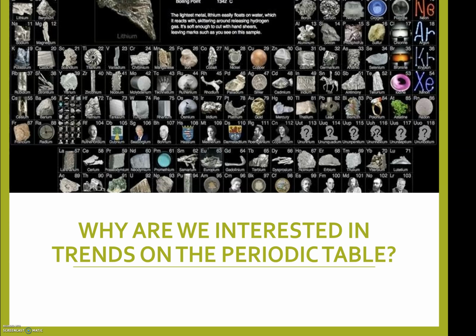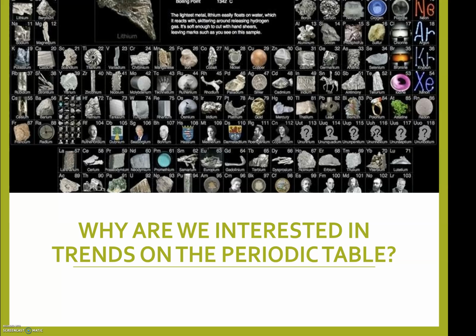Well, why are trends important, or why are they interesting concerning a periodic table? Well, our periodic table consists of over 100 elements. And while you might look at them from a distance and go, well, they all look kind of gray and kind of rocky looking, that's not actually the case. Elements come in a variety of different forms.